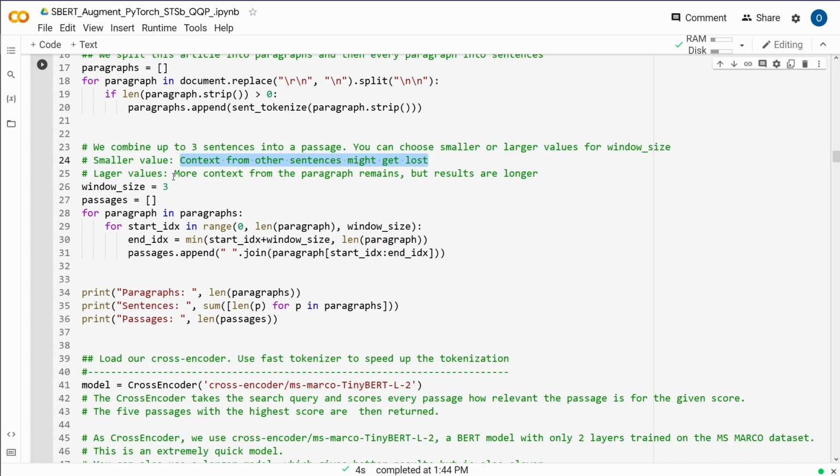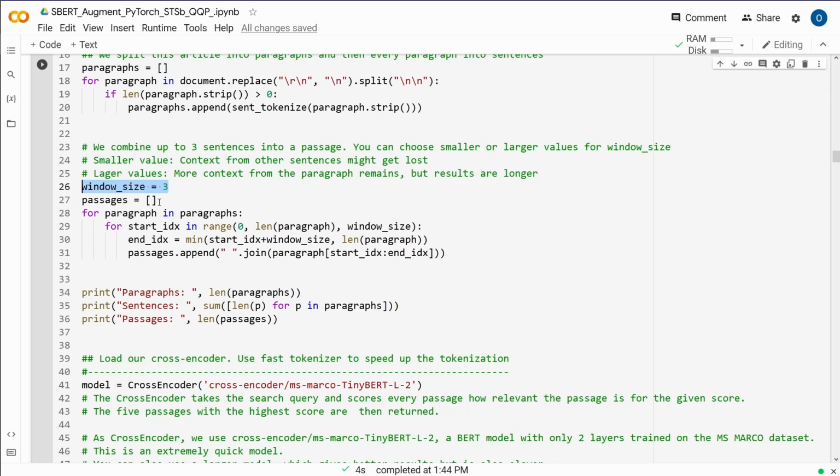And if you have a larger value, let's say 8 or 10, more context for the paragraph remains, but the results are longer. In a question and answer, you get long results. And somewhere there is the relevant part. So let's choose 3. It's some middle ground. Or if you want to, for your example, choose 5. And check it out. Let it run.